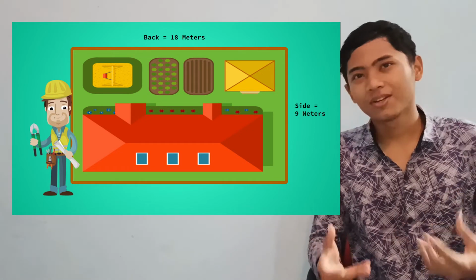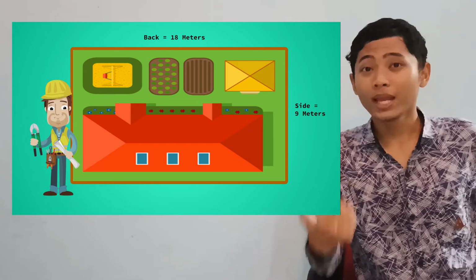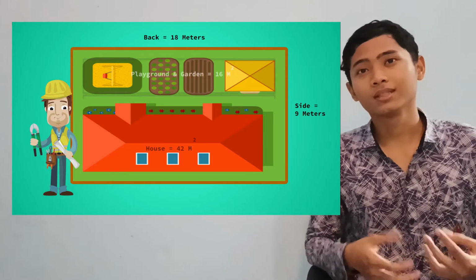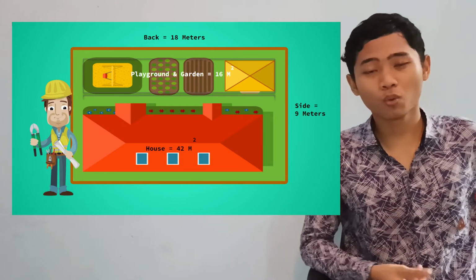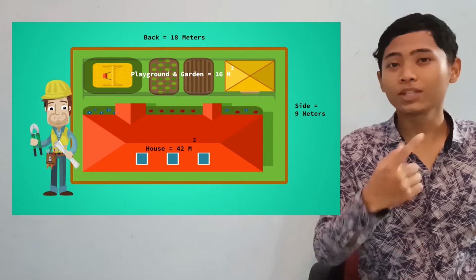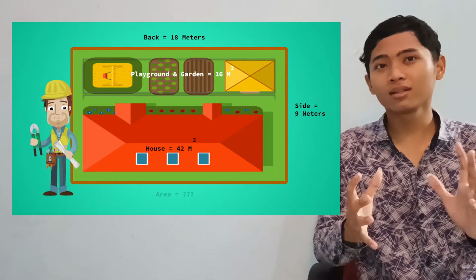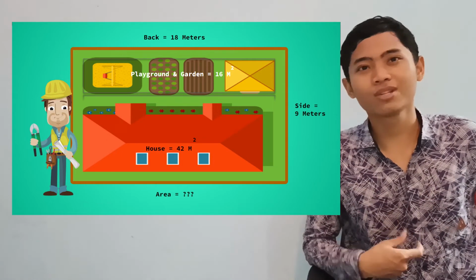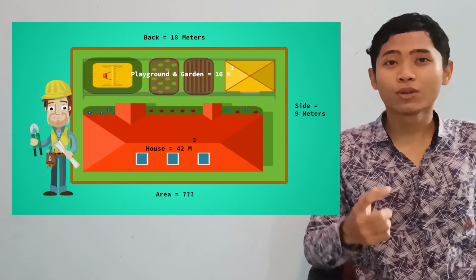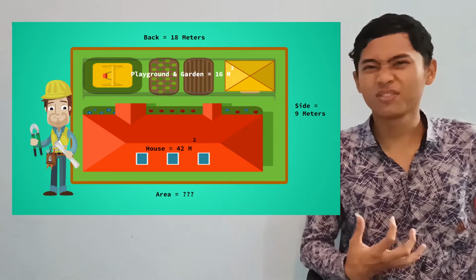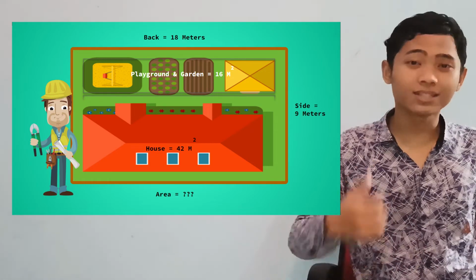If the area of Goergie's house, playground, and the garden is 58 square meters, calculate the area that will be planted with grass in the area already surrounded by Goergie's fence. To help Goergie calculate the area of the grass to plant, let's jump into it.